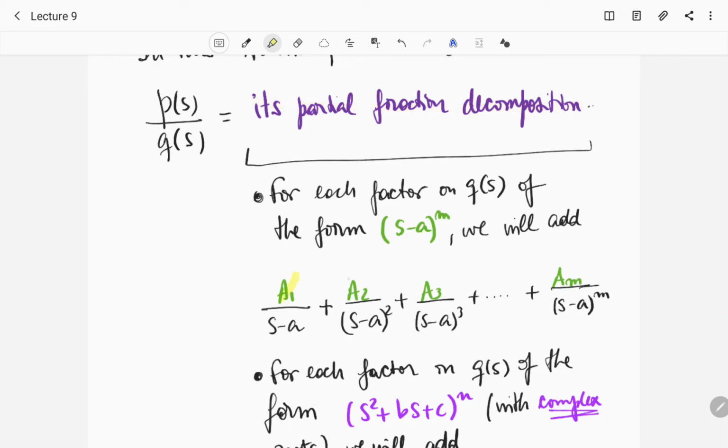We have these constants, a1 over s minus a, a2 over s minus a squared, a3 with the power 3 here, and so on until we cover all the m's. So for instance, if m is equal to 2, we only take these two.